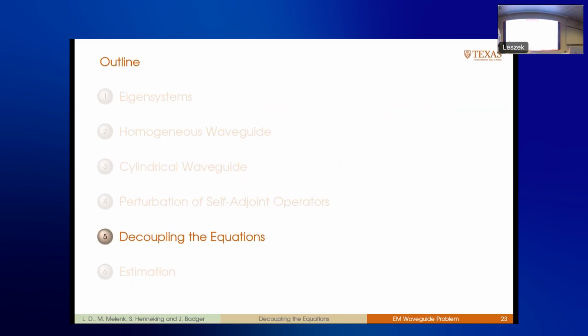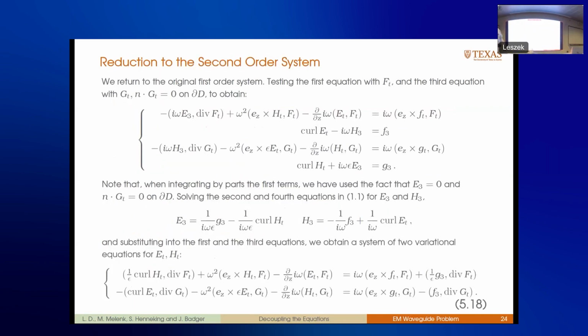Now, this is the last thing that I hope to communicate today, and this is decoupling of the equations. So how do you utilize this spectrum, in this case of a non-self-adjoint operator, the knowledge about the spectrum, the eigenvectors, in the stability analysis? You start with the ansatz, where the solution is expanded into these eigenvectors with unknown coefficients. They're still functions of z, right?